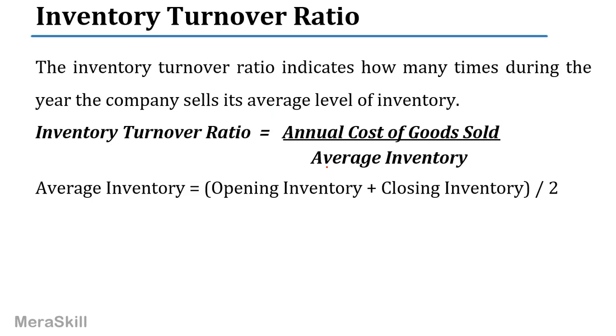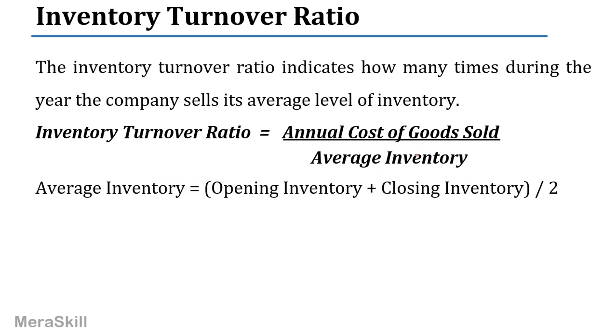Inventory turnover ratios. So inventory turnover ratio indicates, on an average, how many times the company sells its average inventory. It is normally taken as the cost of goods sold, because if you take sales values, then if there is any change in selling price, it affects this ratio, though that really has nothing to do with the average inventory.